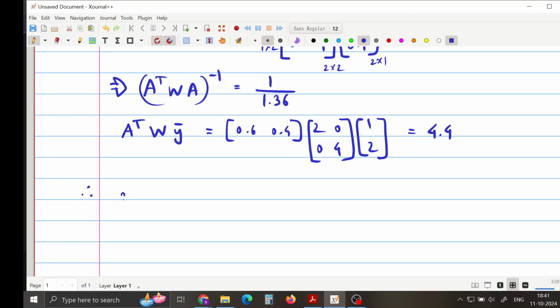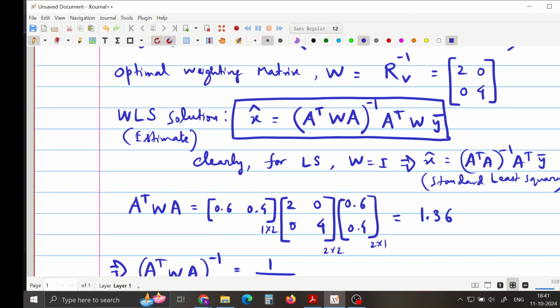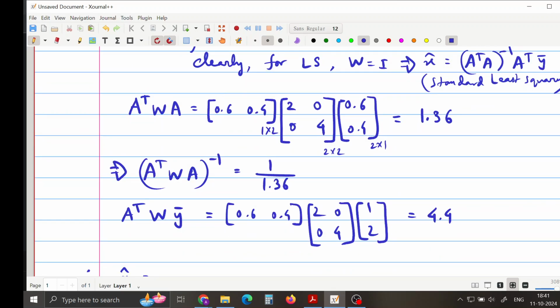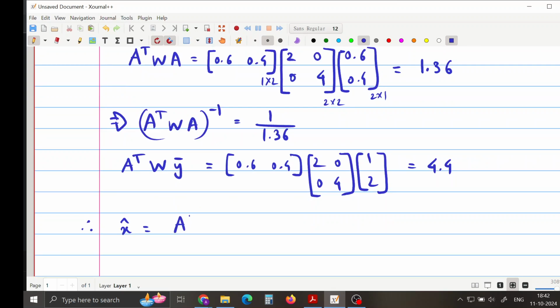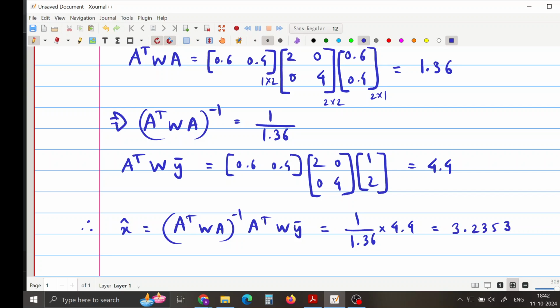Therefore now you can find the estimate, which is the product of these two. This is nothing but your A transpose WA inverse times A transpose W y bar, which is the reciprocal of 1.36 times 4.4, and that is 3.2353.